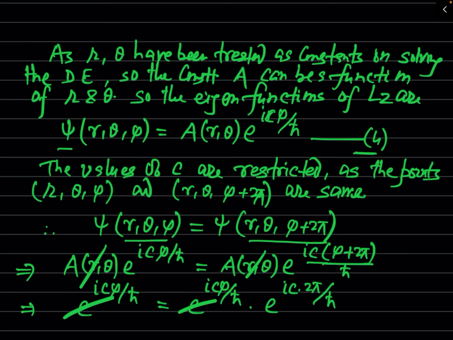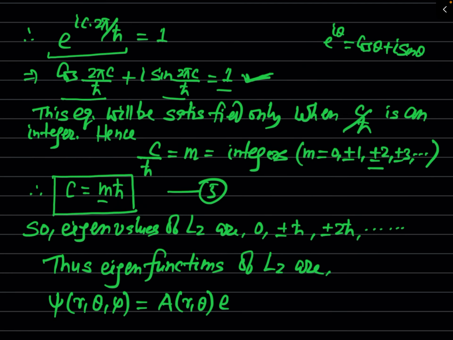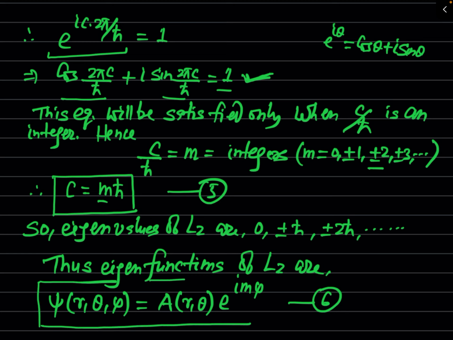But c over h bar is equal to m. So you can write e raised to the power i m phi. So this equation 6 actually defines the eigenfunctions of this operator Lz.